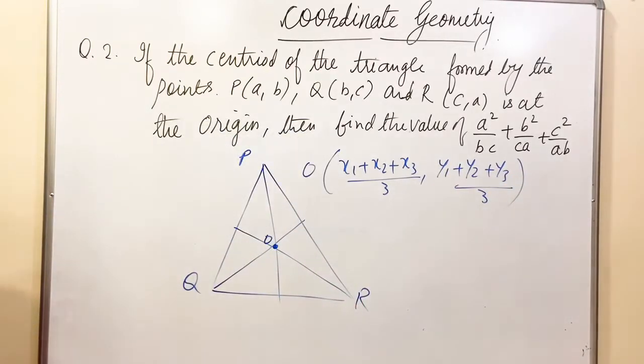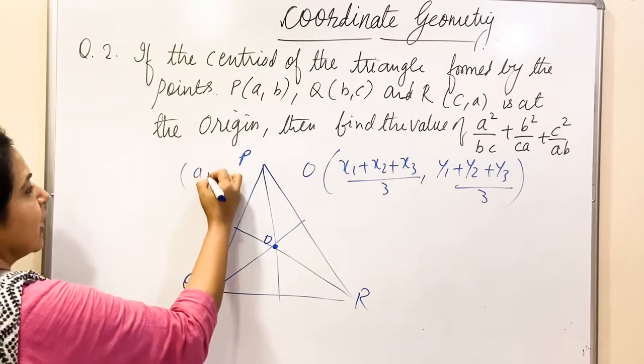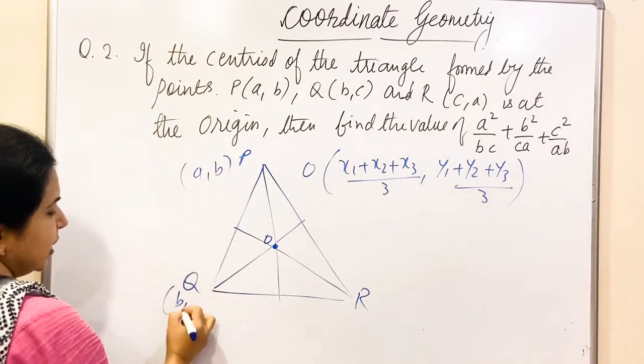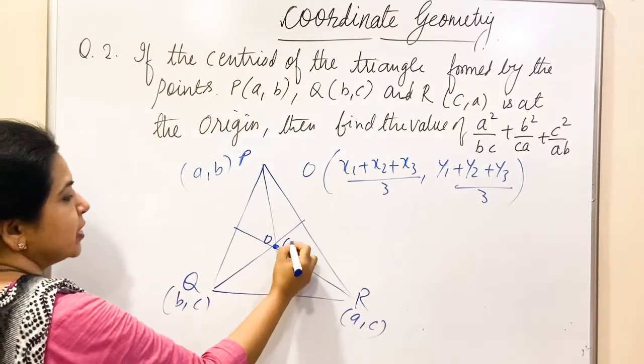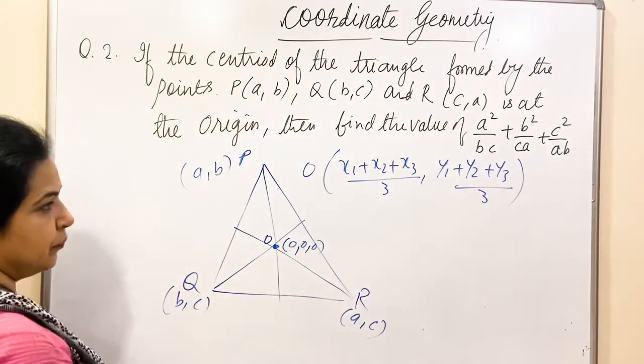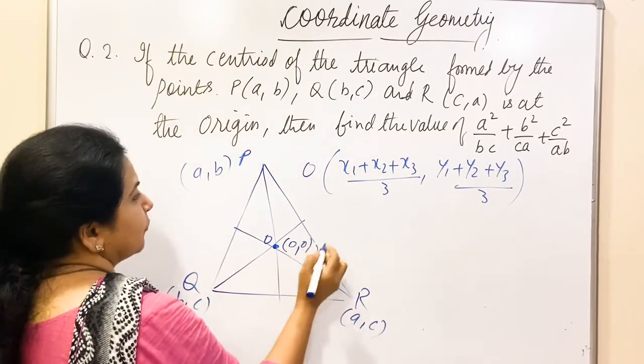Here the points are A, B and C, and the centroid is given as the origin.